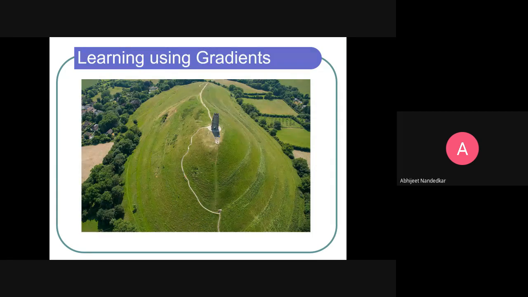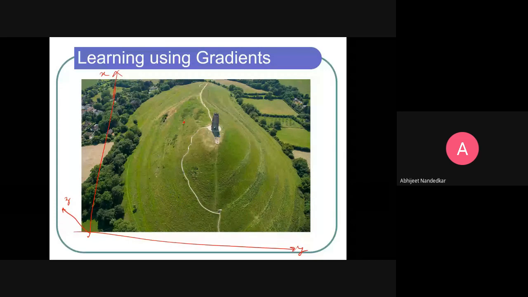And we have taken one example of the height of a mountain. Say this is some x direction, this is some y direction, and on the z axis suppose it's height. So I stand here, then I have two coordinate points, x and y, and the corresponding height.